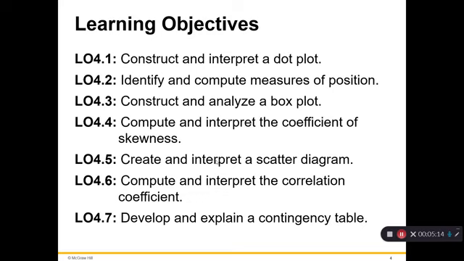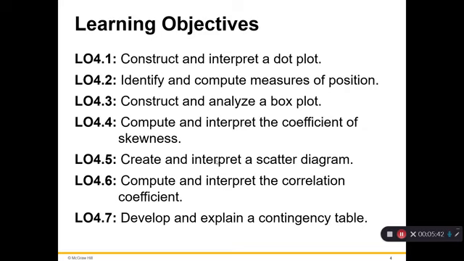And then third, we will look at the box plot. A box plot provides a graphical summary of data distribution with the interquartile range highlighting the middle 50% of data points. It also allows us to show outliers and skewness. The fourth one is skewness.